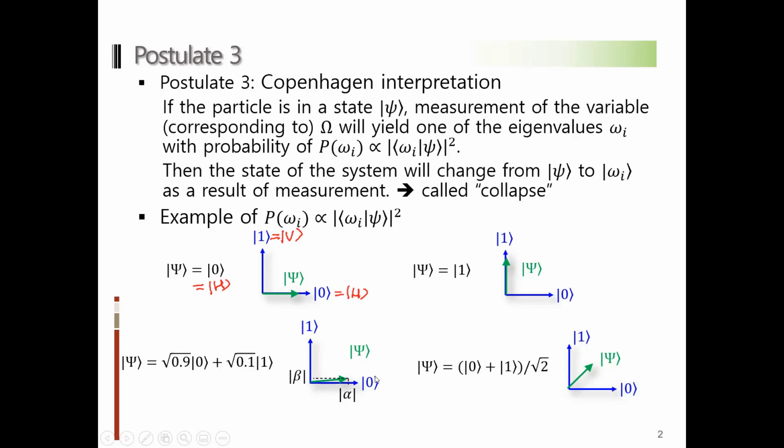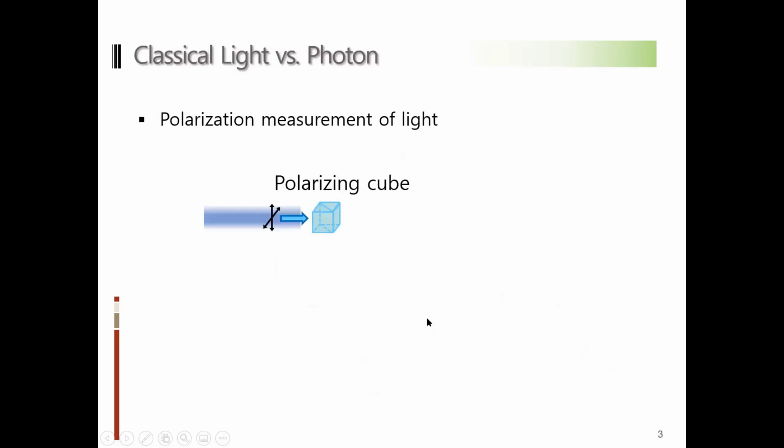Let's also consider a more concrete example for the polarization. We are mostly familiar with the concept of the polarization of light. Assume that we start with some randomly polarized light, or maybe 50% horizontally polarized component and 50% vertically polarized light, or in that case, because it is proportion, it will be either a diagonal or anti-diagonal state.